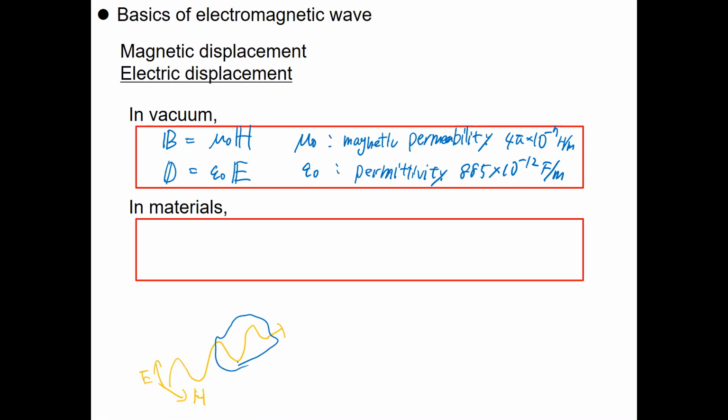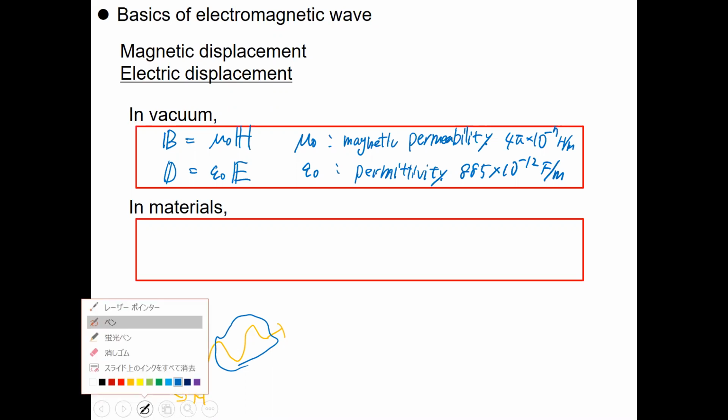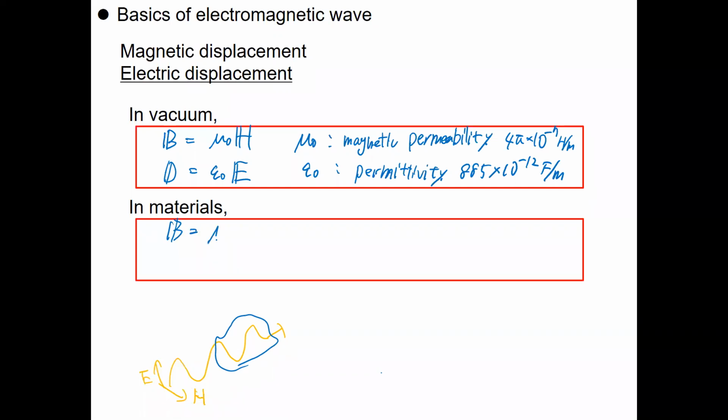It's clearer if you have an object or material here. In this case, B equals mu 0 H plus M, and D equals epsilon 0 E plus P. In the material, if you apply an electric field, for example, plus and minus charges are induced, which corresponds to the polarization, right?